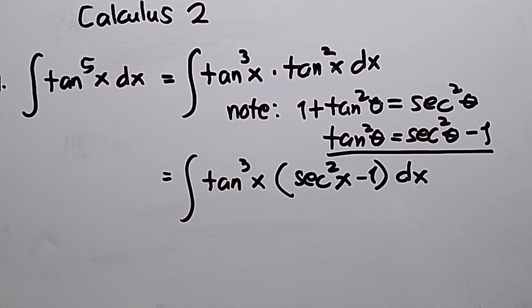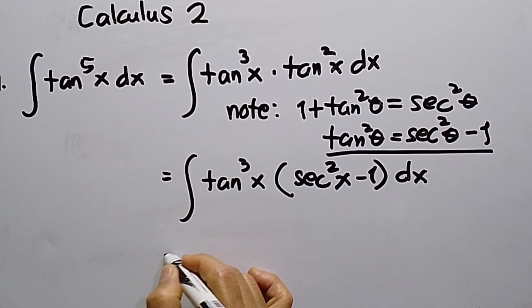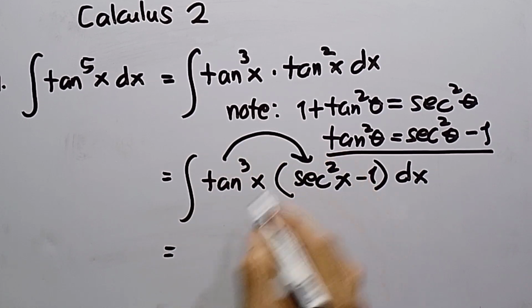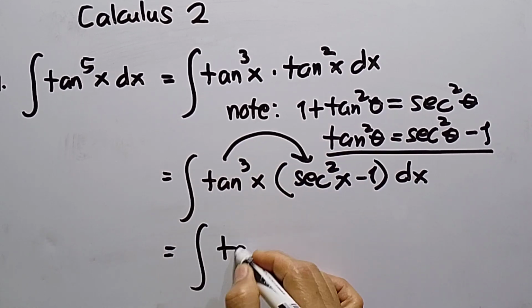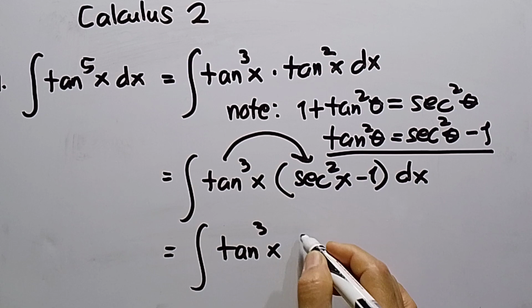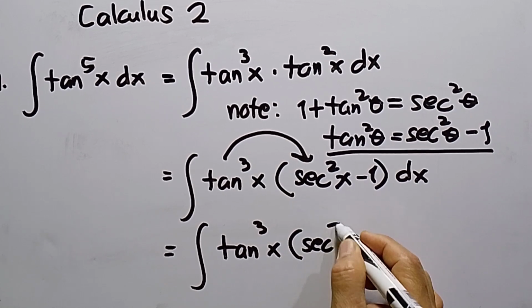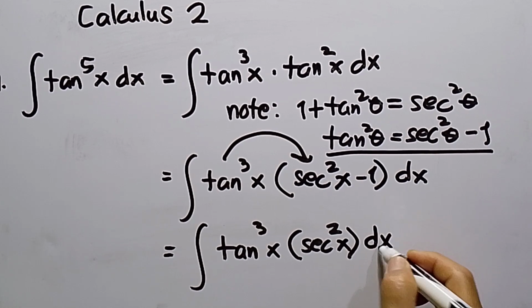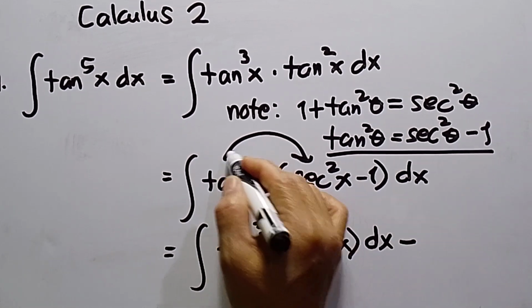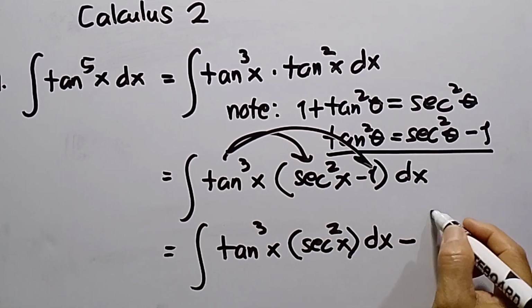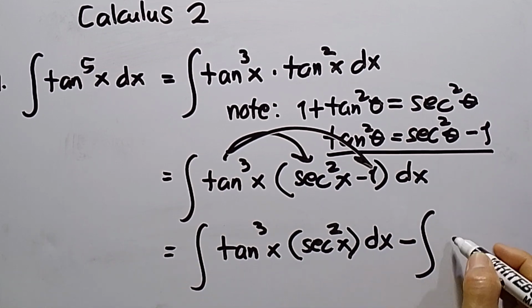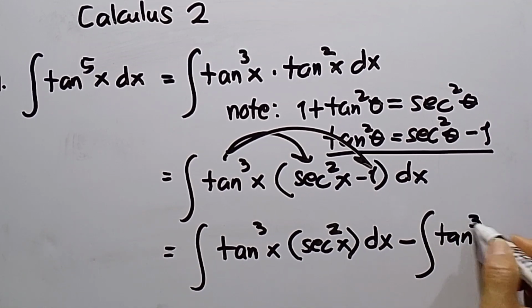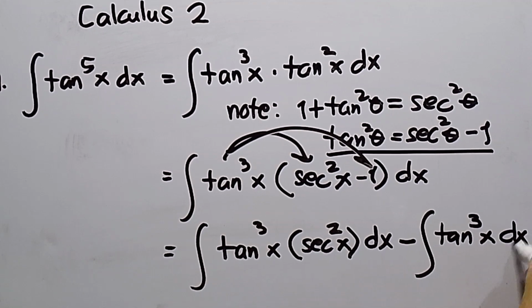I have now, distribute this one. So integral of tangent cubed x times secant squared x dx, and then the second one is minus integral of tangent cubed x dx.